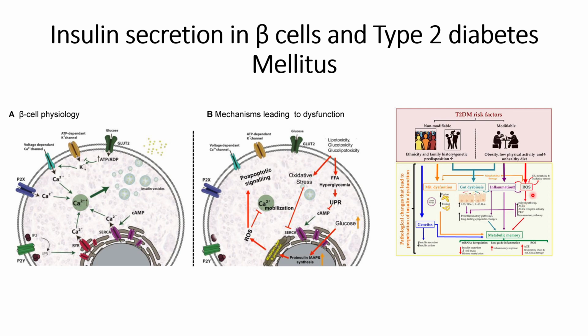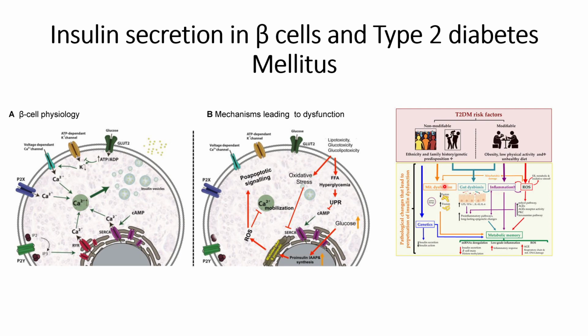An increase in ROS will lead to increases in pathways such as the polyol pathway, AGE receptor activity, and hexosamine pathway. All of this will finally lead to increased metabolic memory. Other factors are gut dysbiosis, inflammation, and mitochondrial dysfunction.